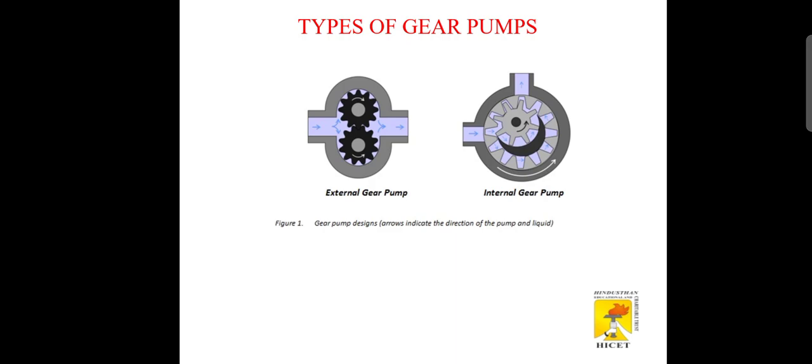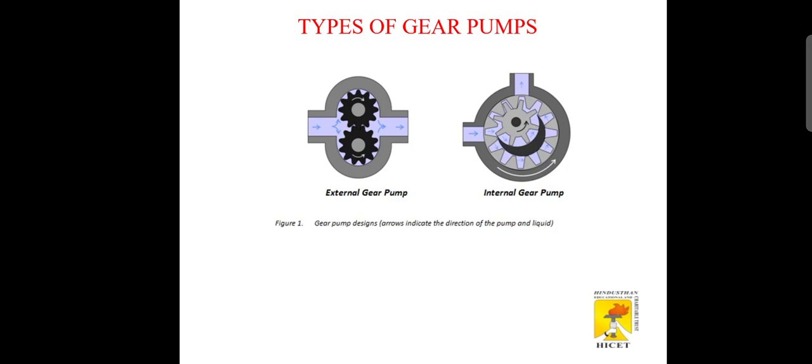Next, the types of gear pumps. I already said there are two types of gear pumps, the external gear pump and the internal gear pump. When two gears mesh externally, the low pressure fluid from the inlet is converted into high pressure toward the outlet. That is called an external gear pump.